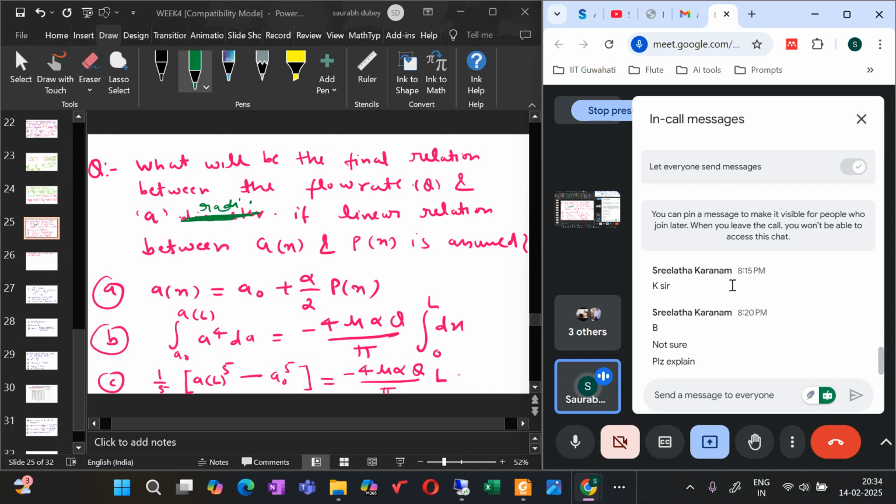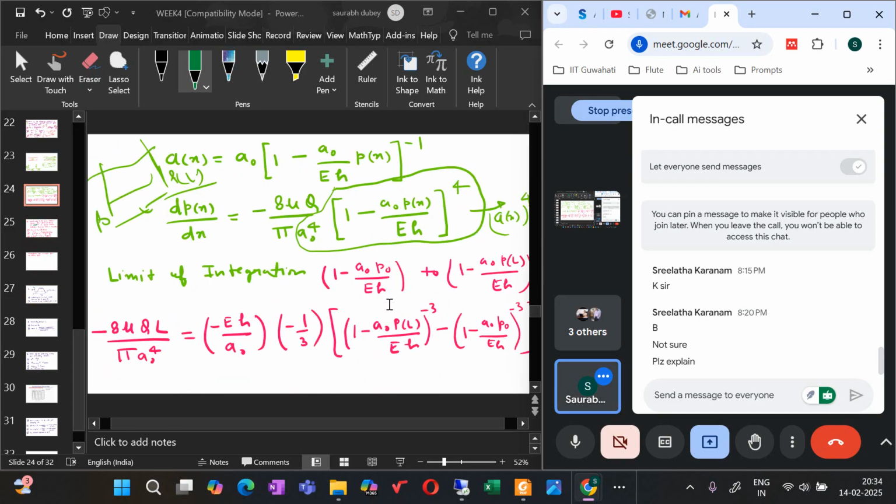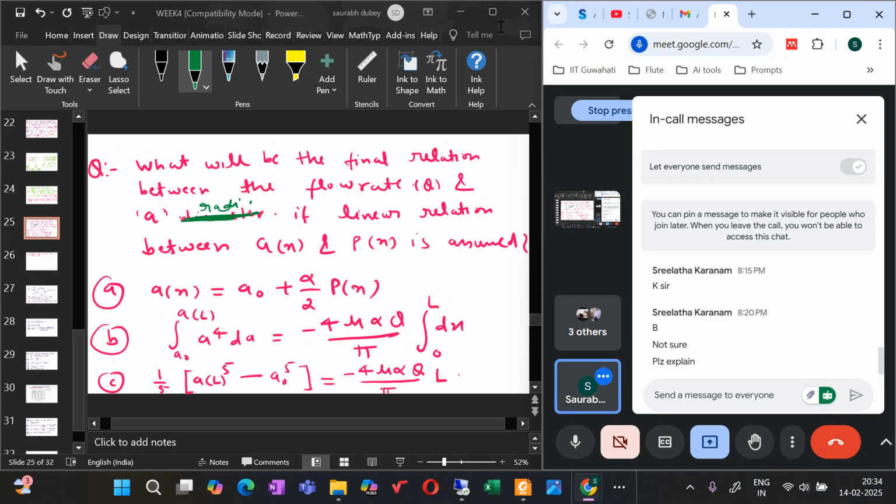If the linear relation is there, the relation will be in this form. Option B is this integral: at length L, you are keeping A to be AL and A naught, and you are solving this integral, and finally you get the solution over here. So anybody please attempt.